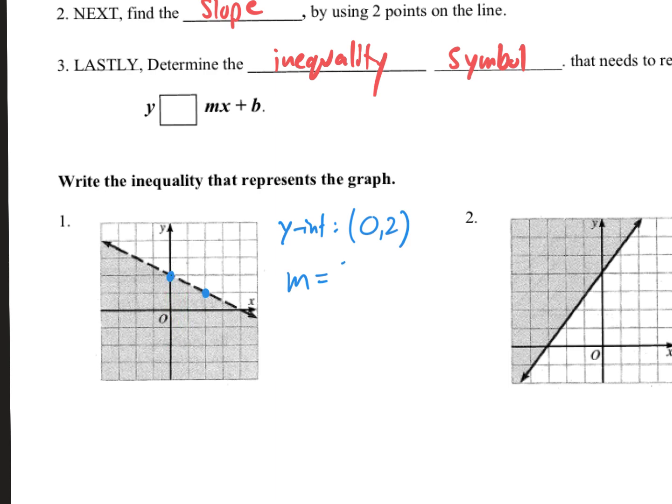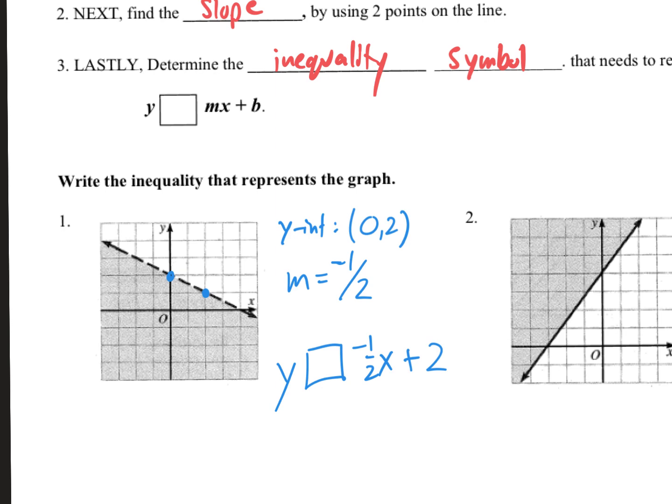So my slope is going to be negative 1/2. So now I can begin to write the inequality. So I have y, and then I don't know the symbol yet, so I'm going to put a box. And then my slope goes with the x, just like it would if it was an equation. And then my y-intercept value comes at the end of the equation, or inequality, I suppose.